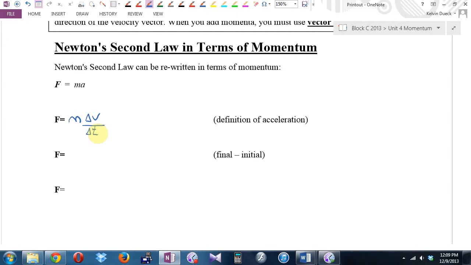And then I wrote in brackets final minus initial. So this is m times v final minus v initial over time.